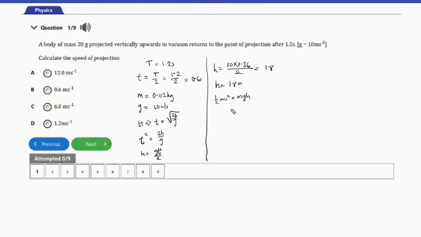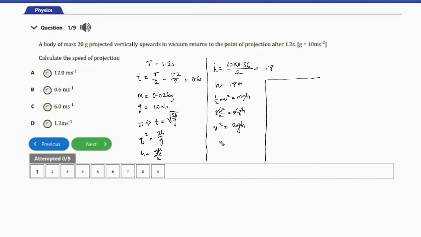If we equate these two, half mv squared is equal to mgh, or mv squared over 2 is equal to mgh. If we make v squared the subject of this equation, we can cancel out m, and then we have v squared is actually 2gh.